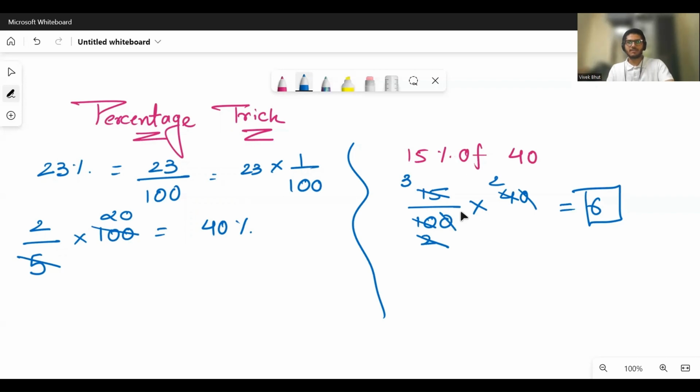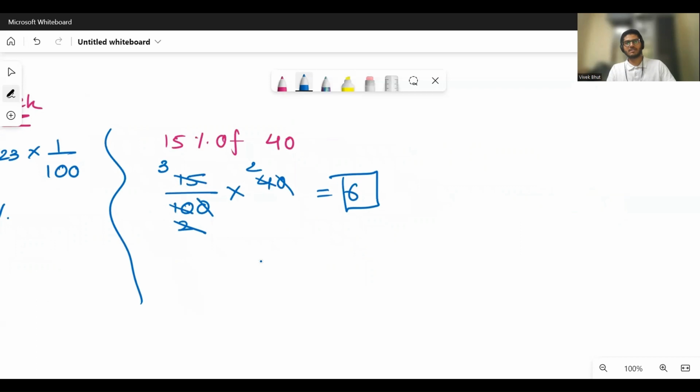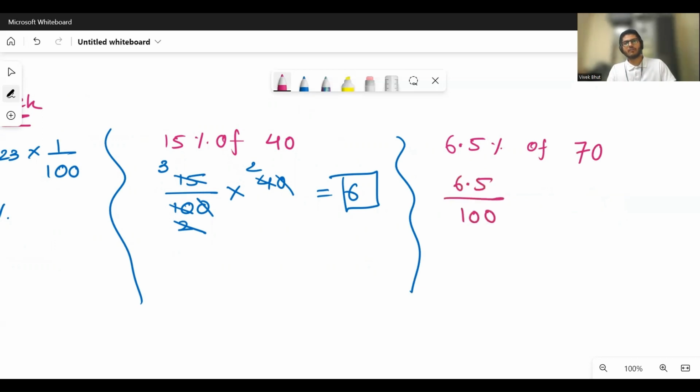Now, if this number is a normal integer, then it's very simple. But let us assume that you have a decimal number. Let's say you have 6.5% of, let's say, 70. This would be a little bit tedious. Although you're going to use the same method, 6.5 will be 6.5 upon 100, of means multiplication, then multiplied by 70, 1 0 will get cancelled, okay?